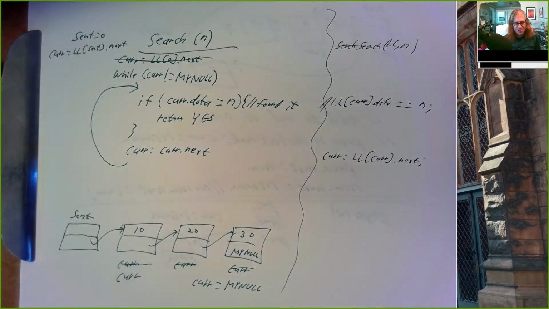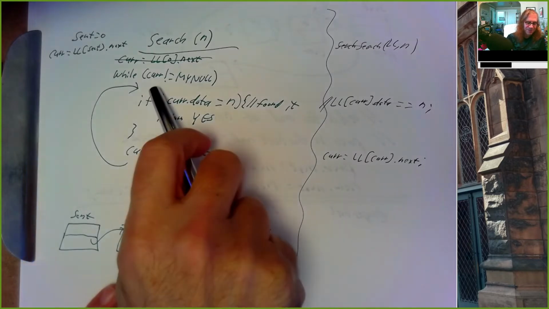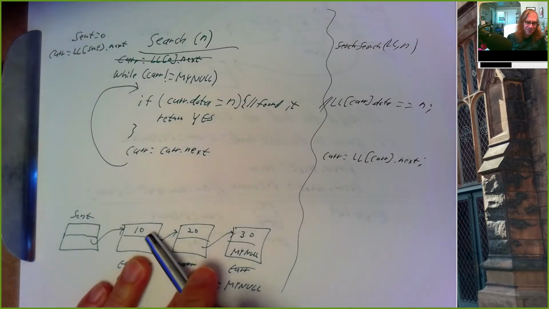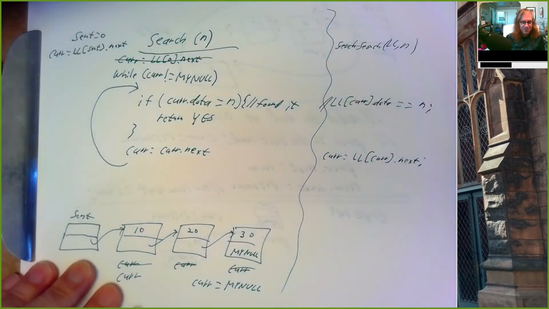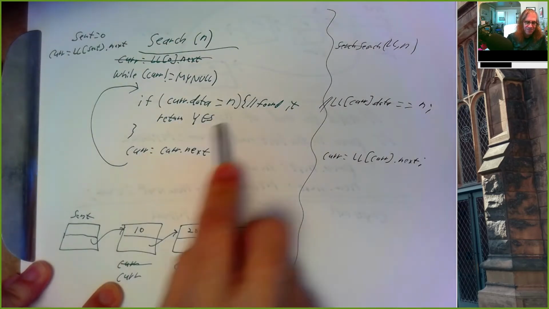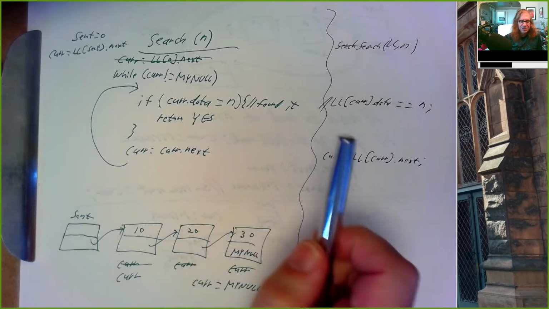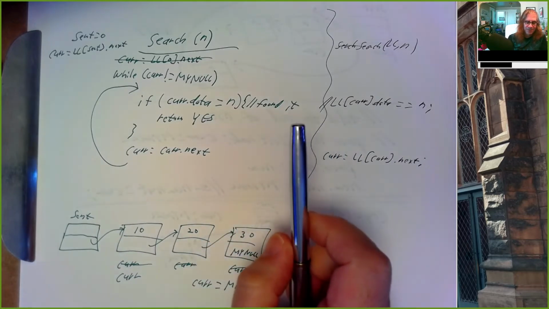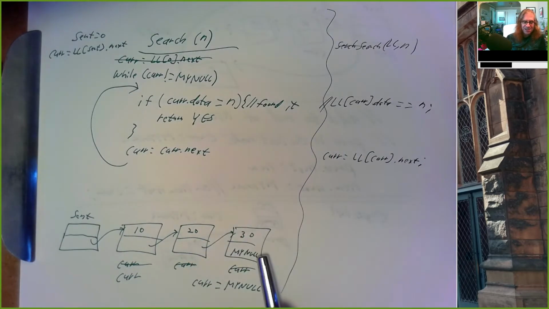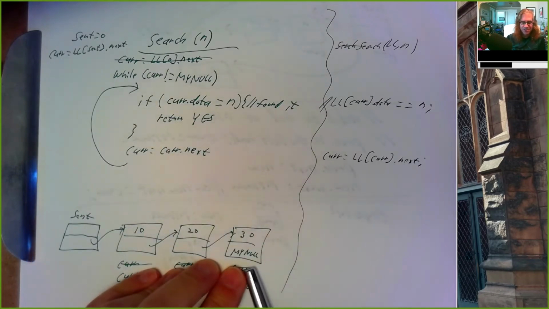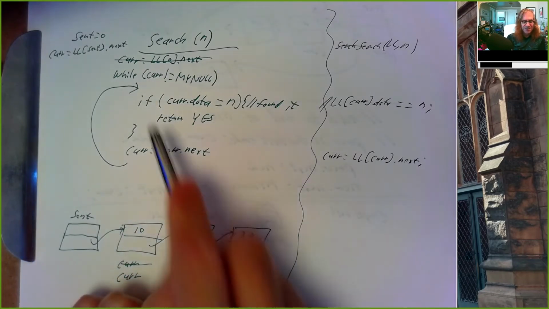Okay, so what does this do in our edge cases? If we're looking for the first thing in the list, we're looking for a 10. Well, this is going to start off with current equals here. Current's not my null. Current data does equal our number. We're going to say true, and we're good to go. If we're looking for the last thing in the list, this loop will continue until current is right here. It's not my null.